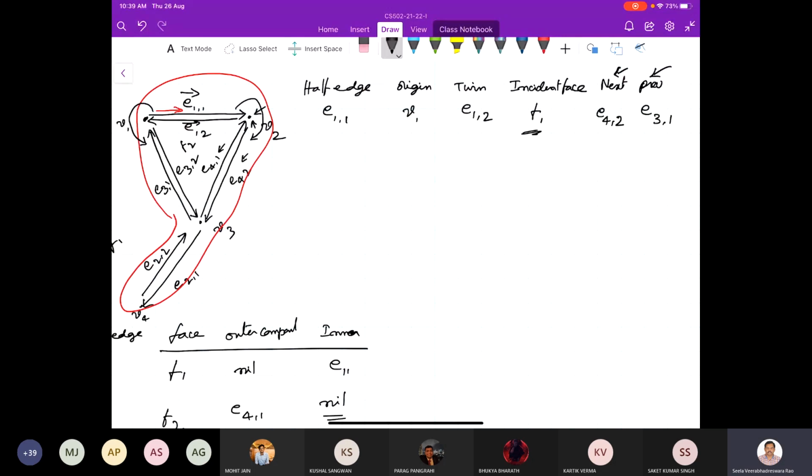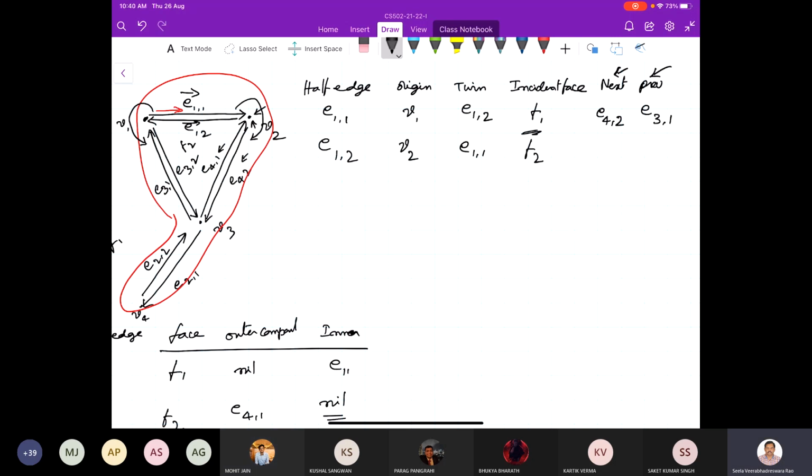We'll fill this entry for another edge. Let's see E12. What is the origin of this edge? V2. What is the twin edge of E12? E11. Face on which it is incident? F2, because F2 is on the left side of this edge in the direction. And what is the next here? E32.